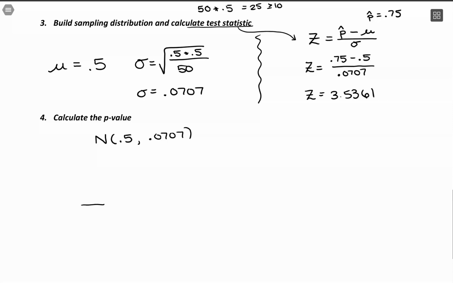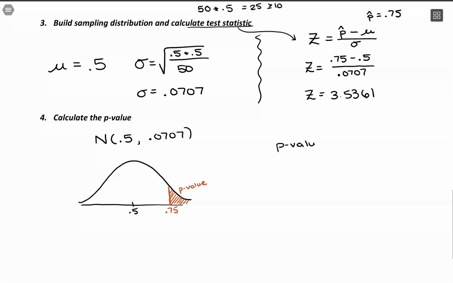And to find the p-value, like what I drew up above, with this sampling distribution, I want to see where 0.75 lands. So I know it's somewhere over here to the right. I could make a more detailed number line with that standard deviation, but in terms of a general idea, I want to see where that 0.75 lands and what the area to the right is. That area to the right is my p-value. That's the probability that I'm interested in.